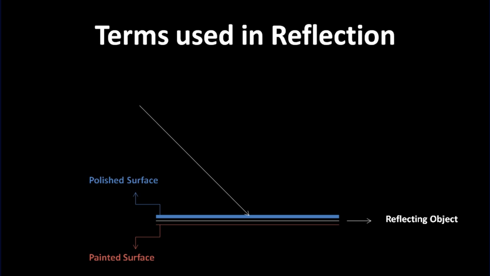A ray of light which falls on the reflecting object is called the incident ray. The point on the reflecting object where the incident ray falls is called the point of incidence.